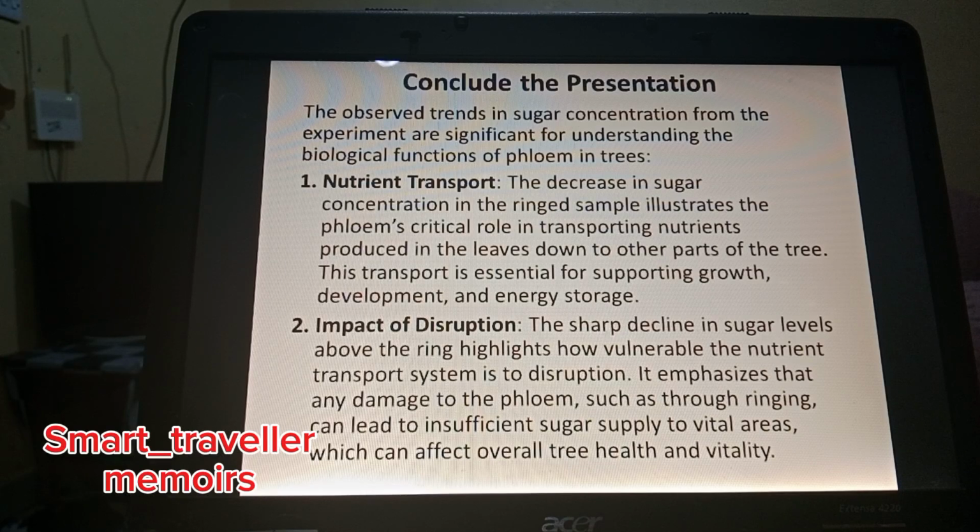Impact of disruption: the sharp decline in sugar levels above the ring highlights how vulnerable the nutrient transport system is to disruption. It emphasizes that any damage to the phloem, such as through ringing, can lead to insufficient sugar supply to the vital areas, which can affect overall tree health and vitality.